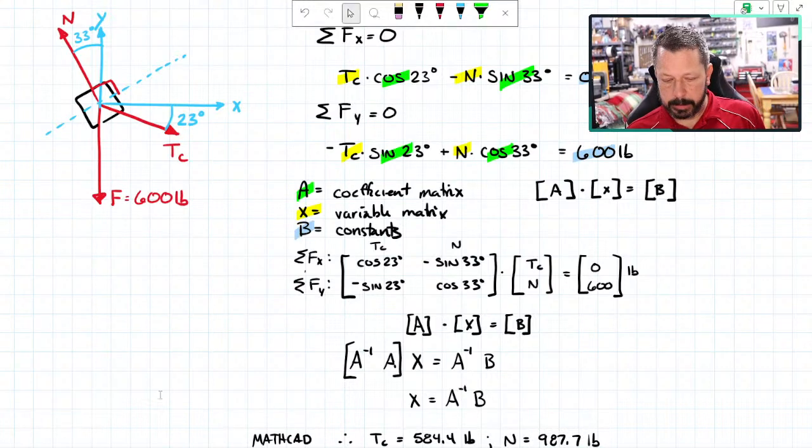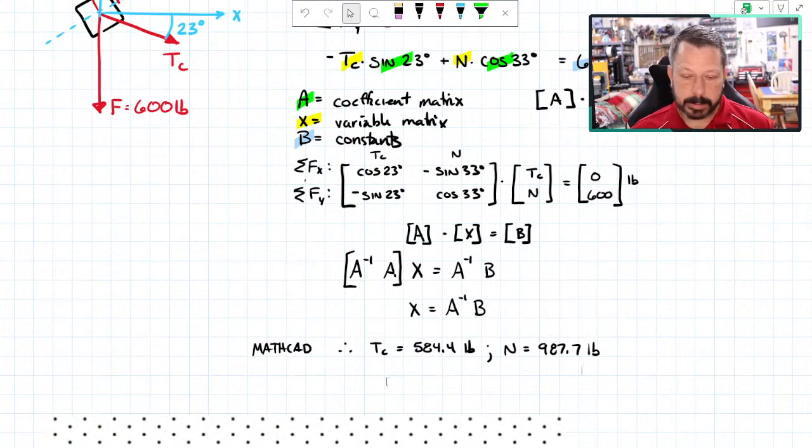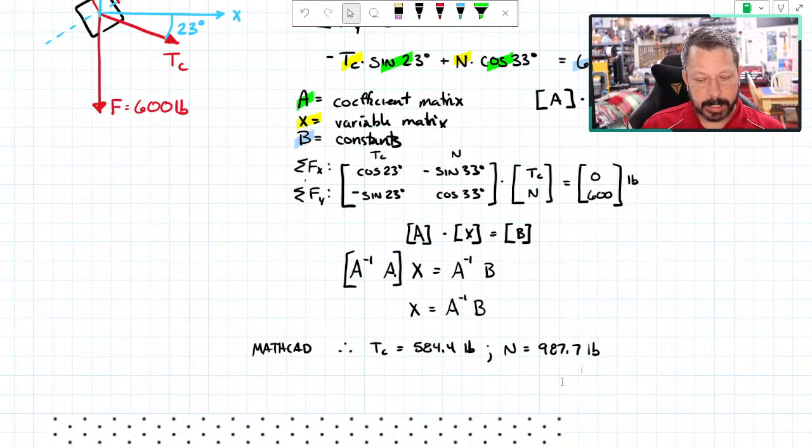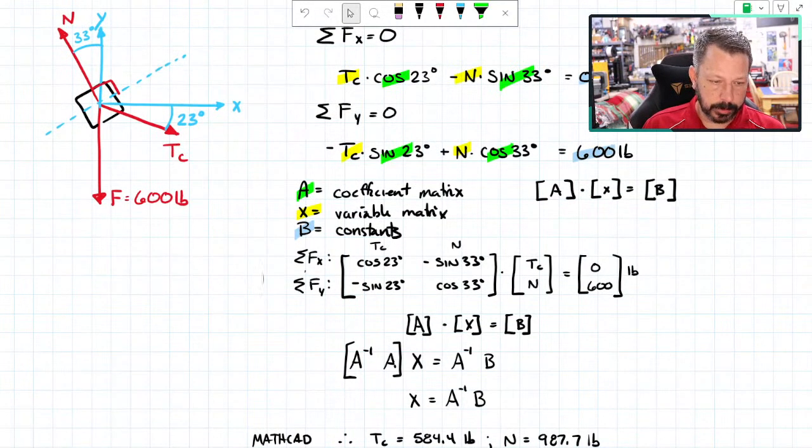Oh, we're just barely on the screen. There we go. So 584 and 987. Those would be the values for the tension in the cable and the normal force that the rod is applying to the collar, the collar that weighed 600 pounds.